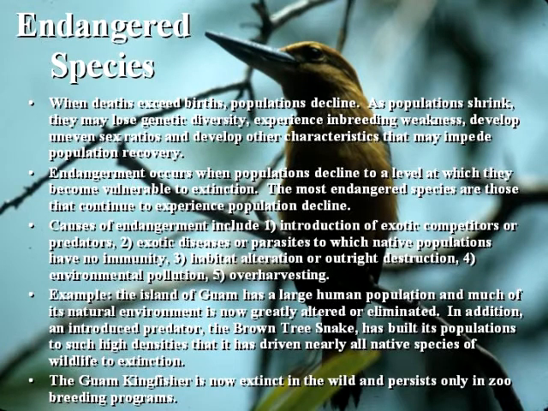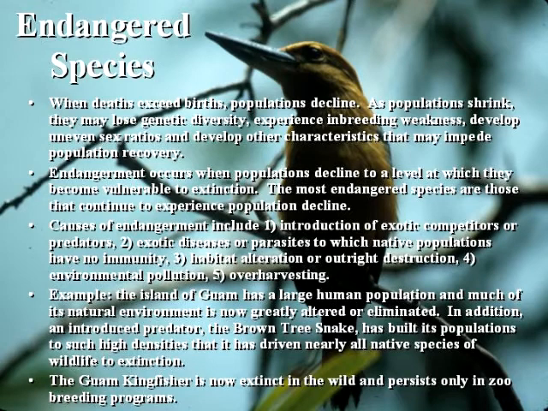Endangerment occurs when deaths exceed births, so that populations decline. And as populations shrink, they might start losing their genetic diversity. Their distribution may contract. We might find situations where inbreeding occurs because there's so few individuals left, and this leads to inbreeding weakness in the genetics of the population.